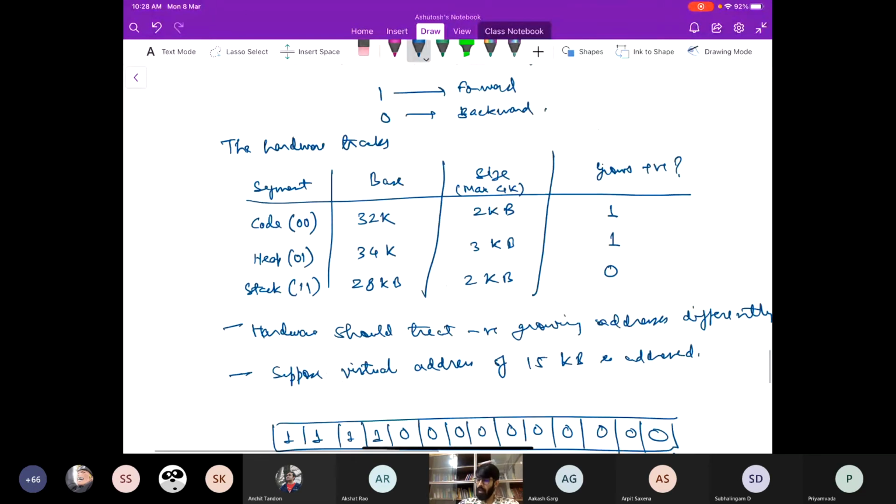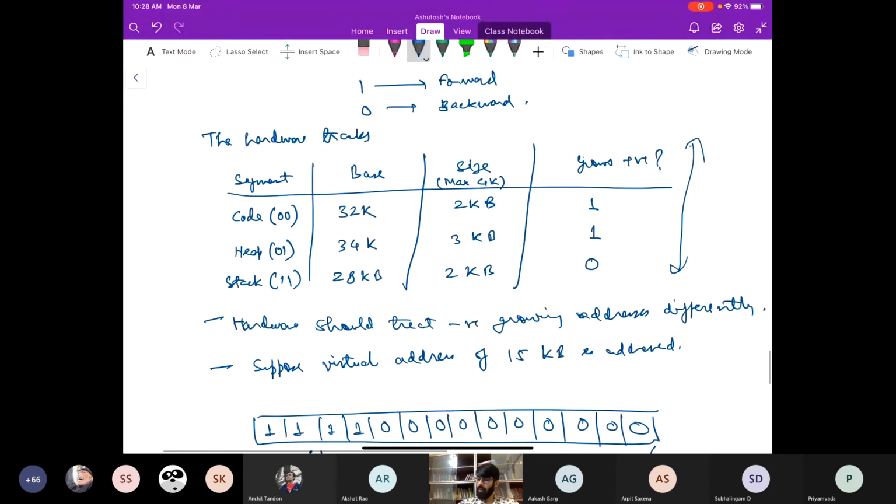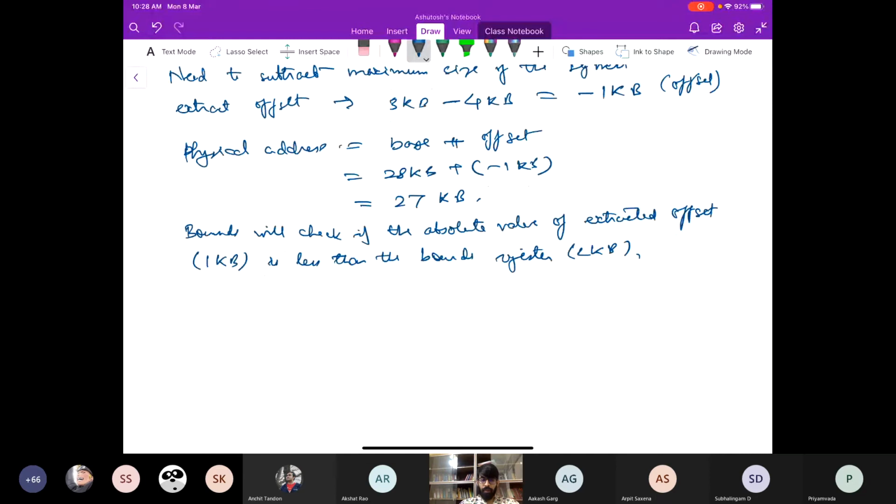So now the hardware also needs to track whether the segment grows positively or negatively. Okay, any questions?